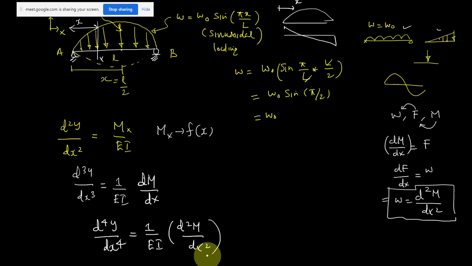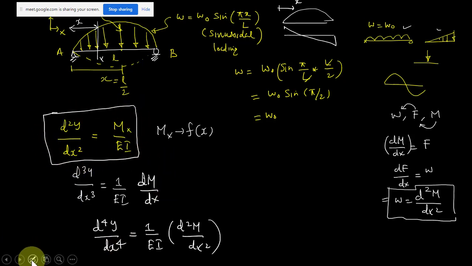Now we can replace this d square M by dx square with the load intensity w. This is the differential equation in terms of moment and curvature. I can write the same equation replacing it with load intensity, so your final equation will become a fourth order equation, d raised to 4 y by dx raised to 4.